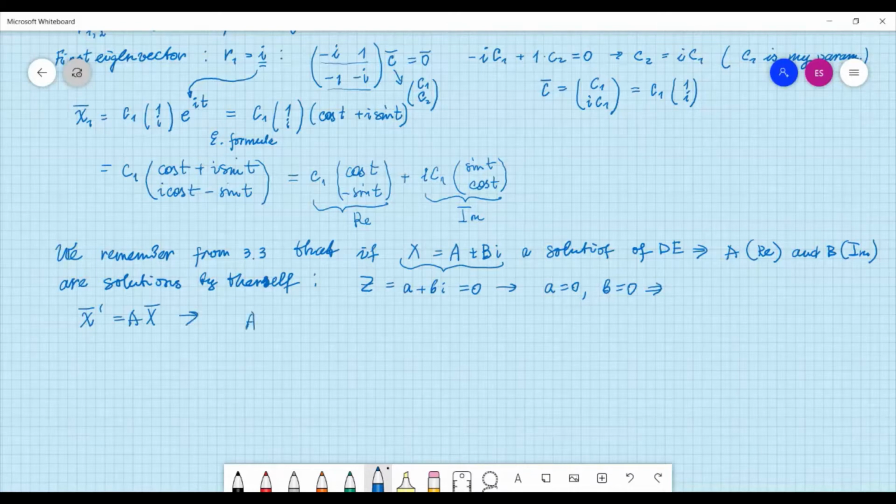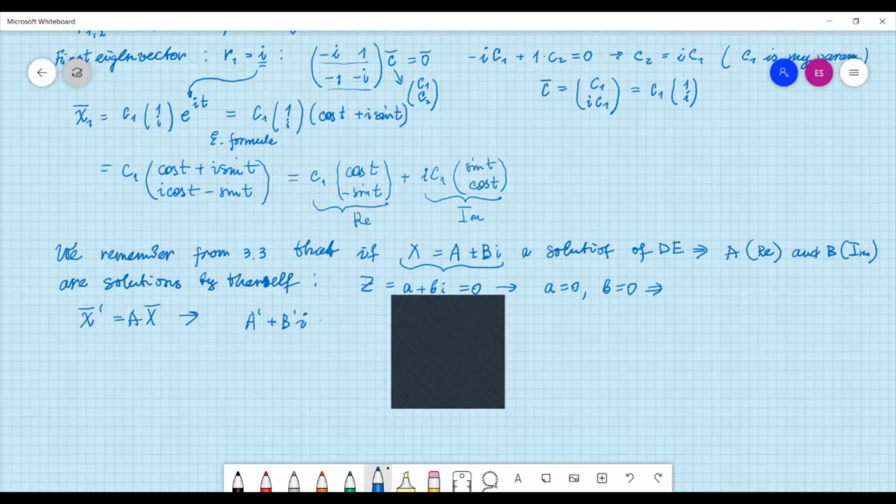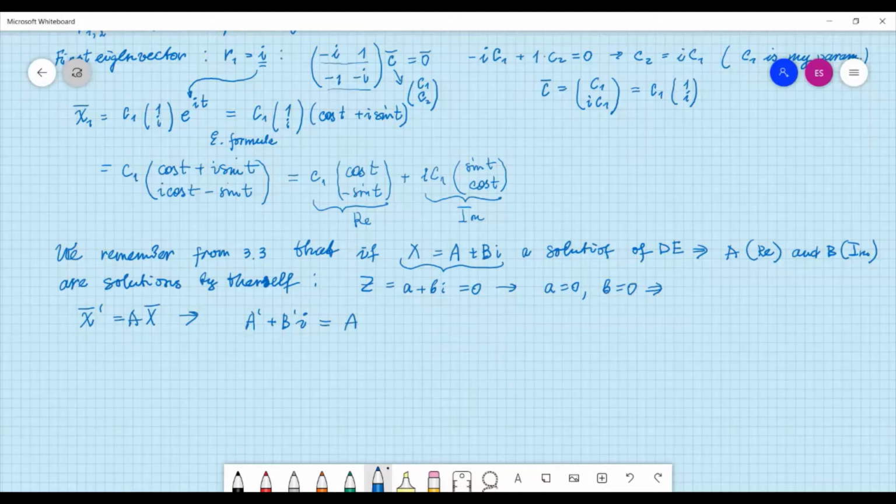So it's a derivative of A. A is not just a constant. A is going to be something like this: the cosine, sine, and the constant multiplied by it. Then B derivative i equals matrix A multiplied by A plus Bi, right? What I'm going to do, guys? Well, I just plugged in my solution, which is looking like this.